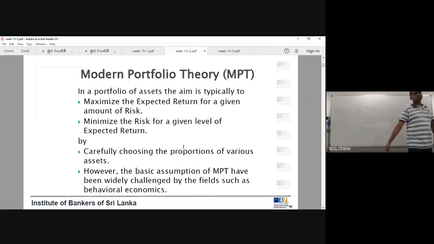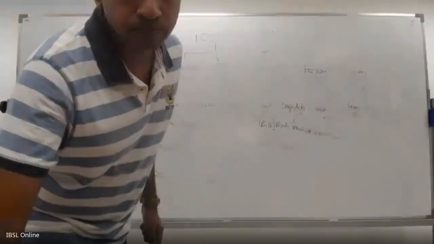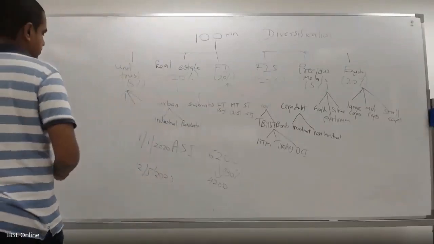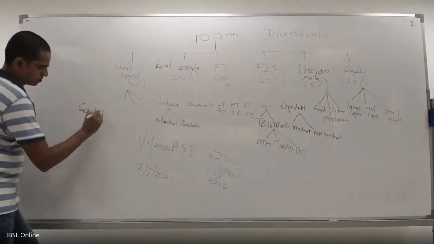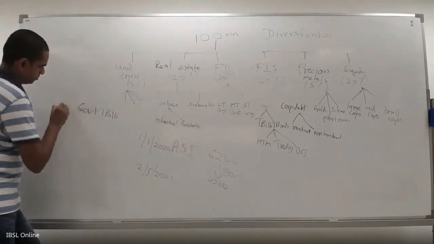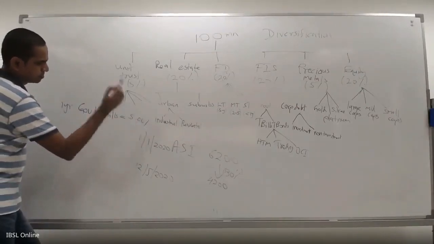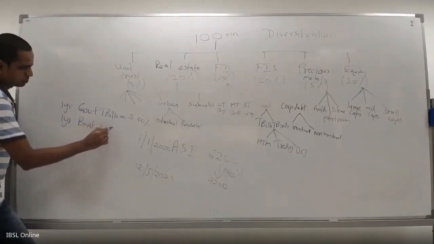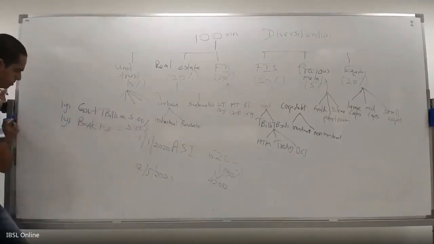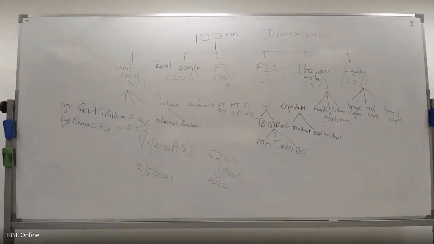Now, for example, if I put it this way: if government bonds, so treasury bills, 1 year, is giving you a return of, let's say, 5%, and a 1 year bank FD is also 5%, or let's say a finance company FD is also giving 5% for the same 1 year.